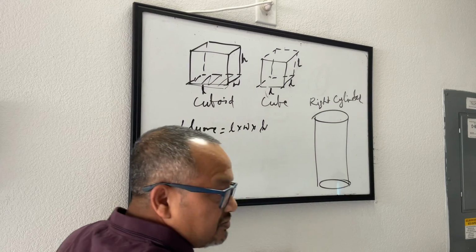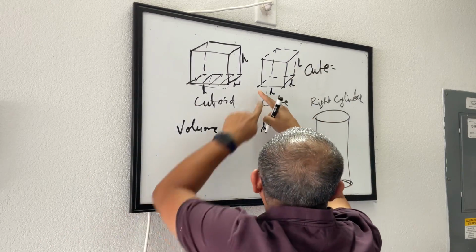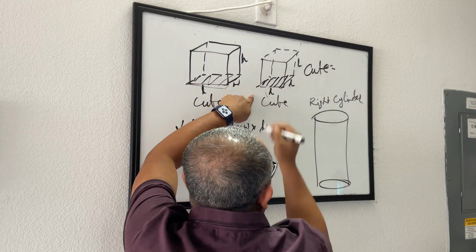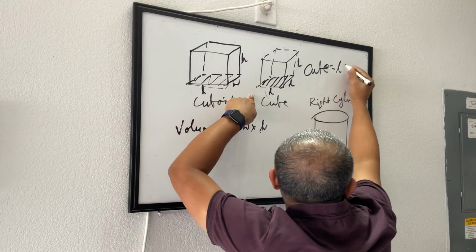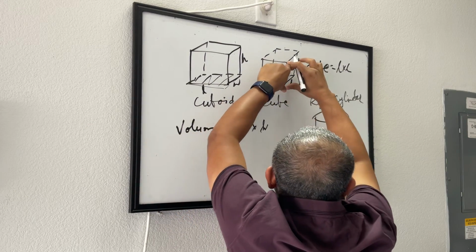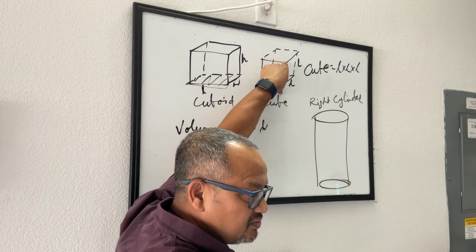This became your volume. If you're looking at the cube, again, the area of the base, meaning this shaded area, is length into length, because length and width are the same for a cube. So length into length, this is the area, times the height. Again, your height is also the same as your length and width. Length cube, okay?